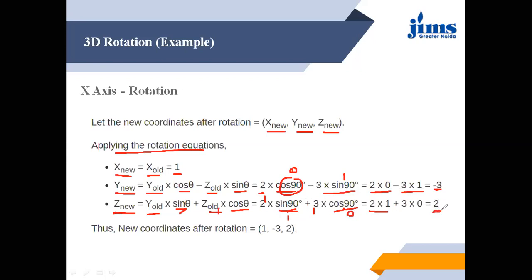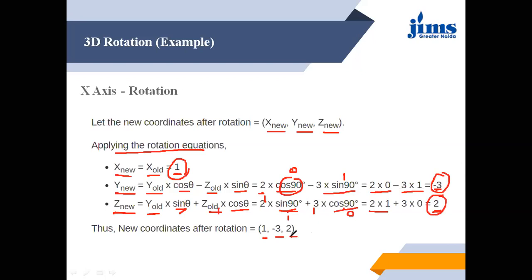So when we are rotating this object with respect to the x-axis with an angle of 90 degrees, the final values are x new equals 1, y new equals minus 3 and z new, the new coordinate of z, is 2.